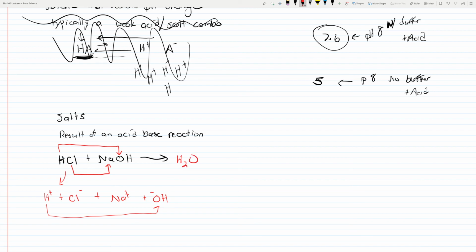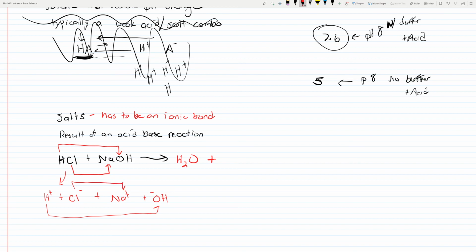Now, a salt, by definition, has to be an ionic bond. So H2O is a covalent bond. That's not a salt. Then the other thing we have is the chloride.